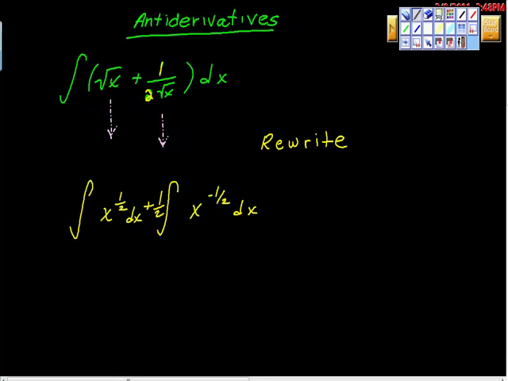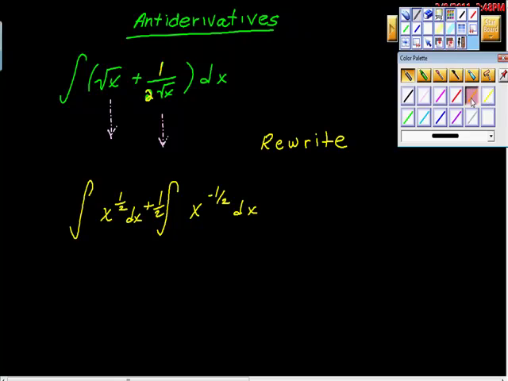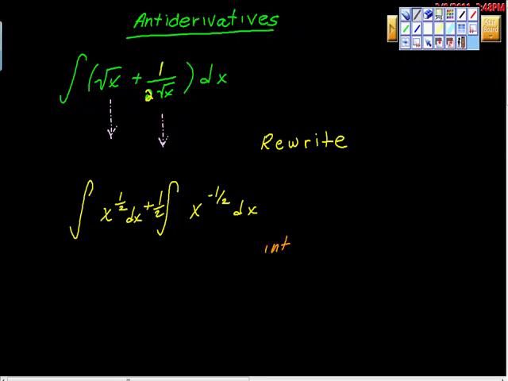dx, right? So I have this thing broken out into some pieces here, and now I'm going to see if I can start to integrate. I'm sorry, it's rewrite, integrate, simplify. So I'm going to try to integrate a little bit. Remember, when you integrate, you get rid of the integral sign. When I asked Willow how to do this, this would turn out to be x to the 3/2 over 3/2, right?